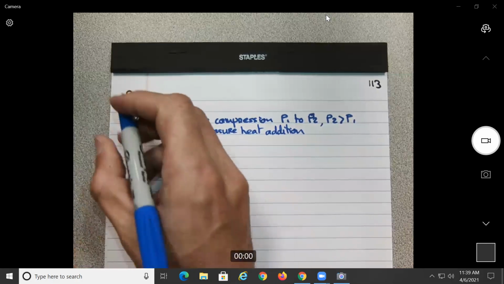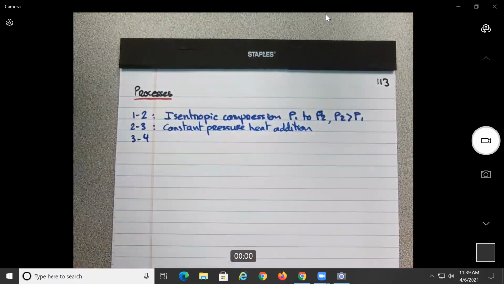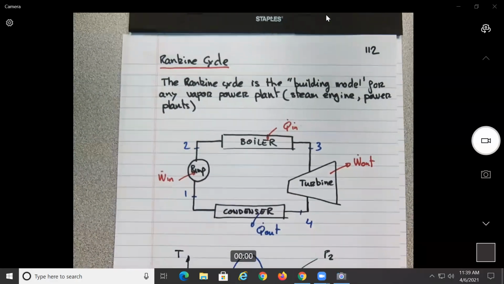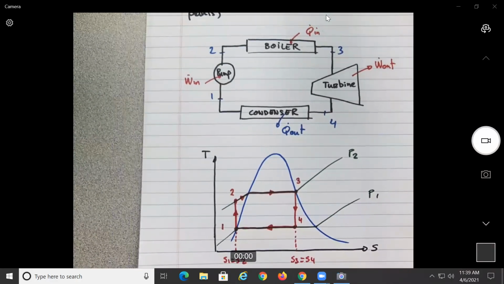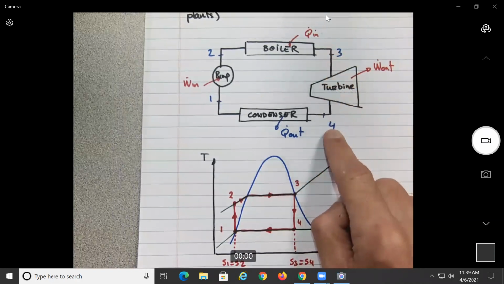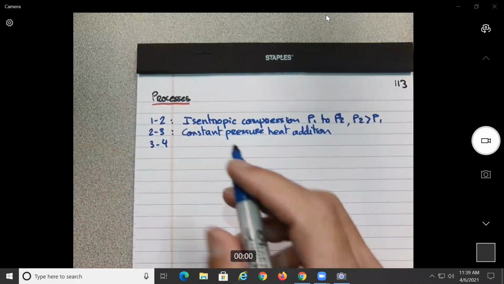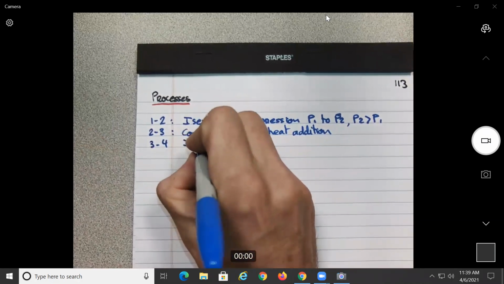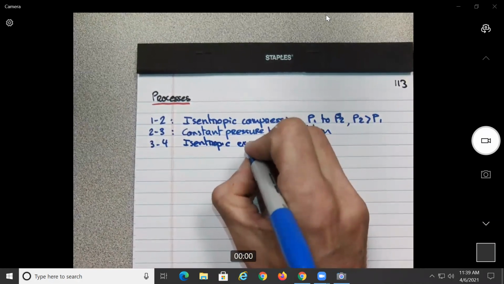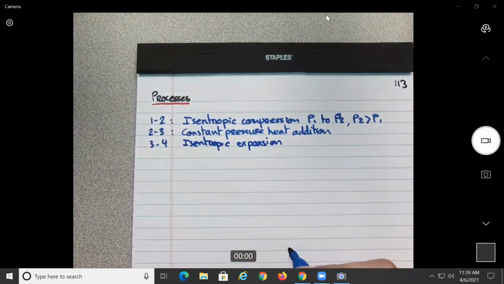Then what are you going to have? 3 to 4 is what's going to happen now in the turbine. It's going to be isentropic; instead of compression, expansion, no? Through the turbine. So instead of compression, let's say isentropic expansion.